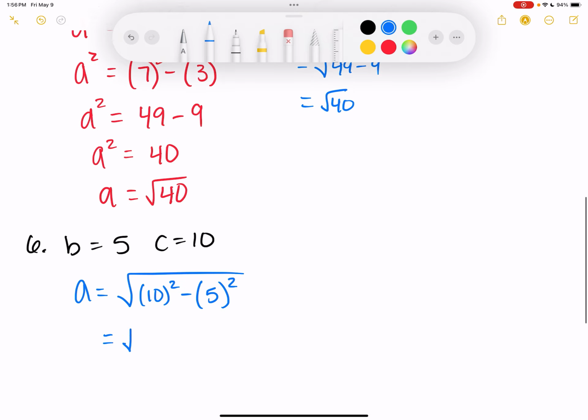So it's the square root of what? 100 minus 25, which is 75. Yep, so it's the square root of 75. And again, if the things come out to be a perfect square, we obviously should give them their actual number. But if it's something that's not perfect like these, we would just leave them.